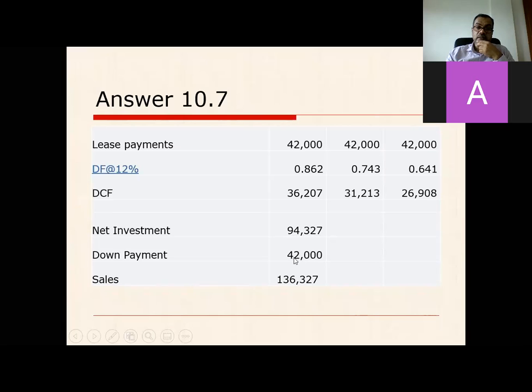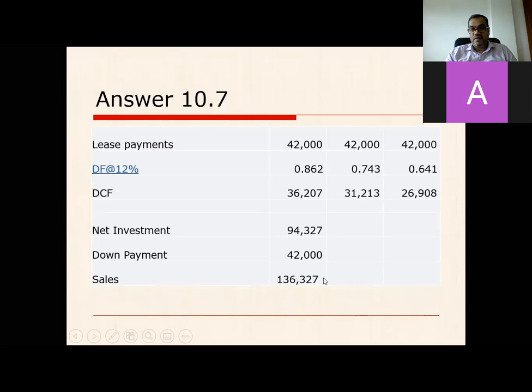But plus down payment, that is 42. Your total sales would be 136,000, because what is your gross investment? Gross investment would be this. That is 42 into 3, 126. 126 becomes 94, that is net investment, plus down payment becomes your sales, your revenue.